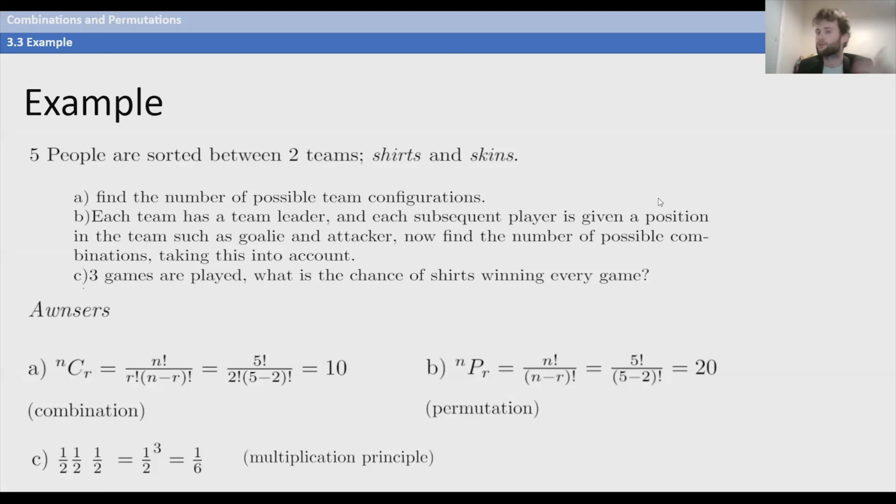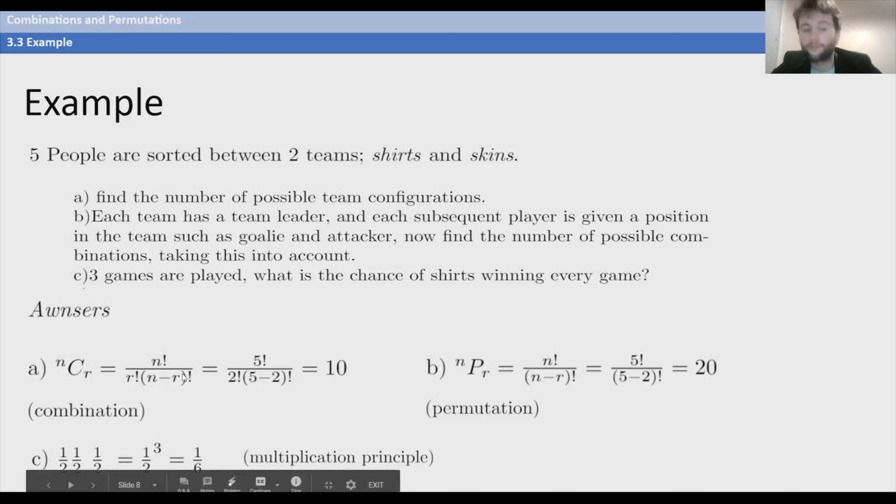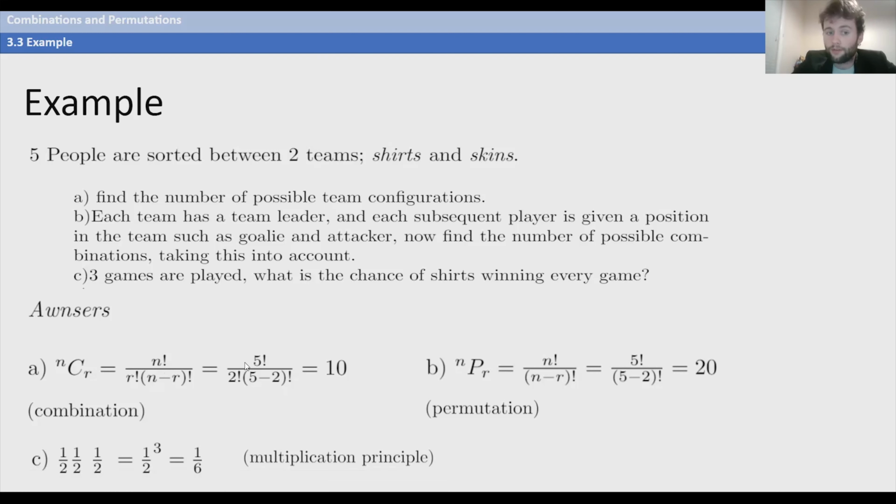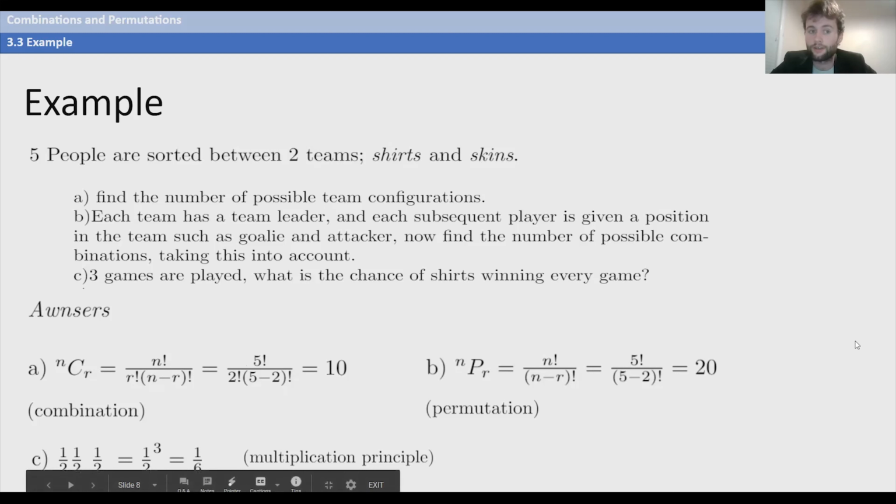We could have Josh, Mick, Charlie in one, Ryan, etc. in the other. Keep jumbling it up. How many are possible? The way we work it out is, n is the number of people, 5, and r is the number of teams, 2. So we've got 5 people sorted into 2 teams, n sorted into r. Chuck it in your calculator: 10.